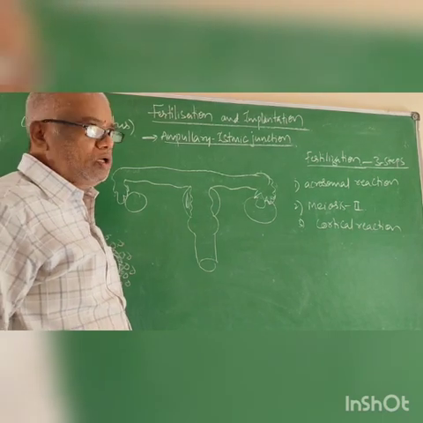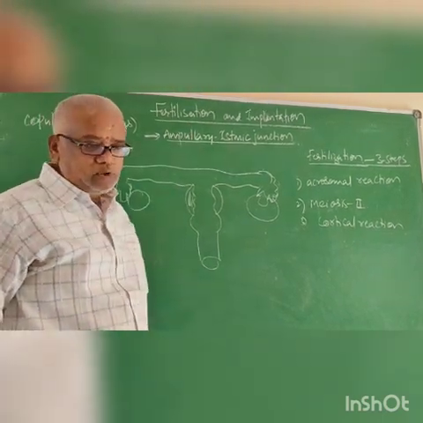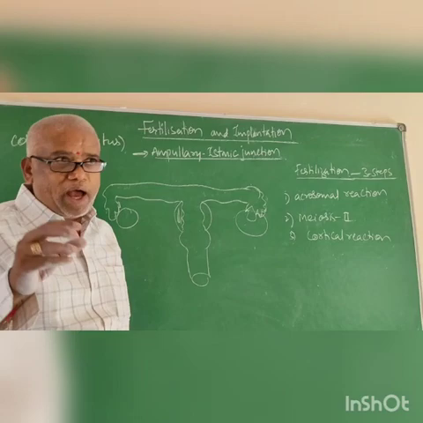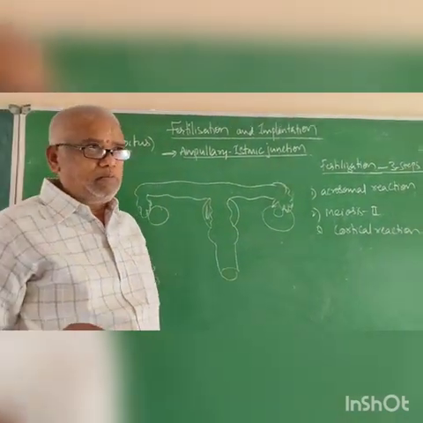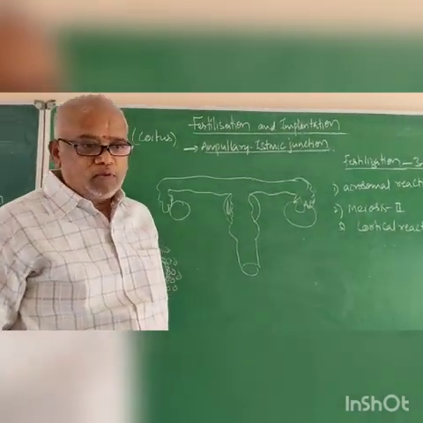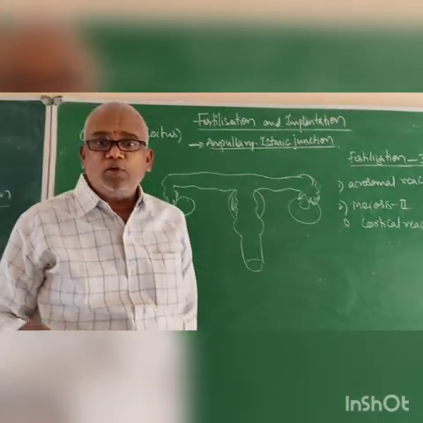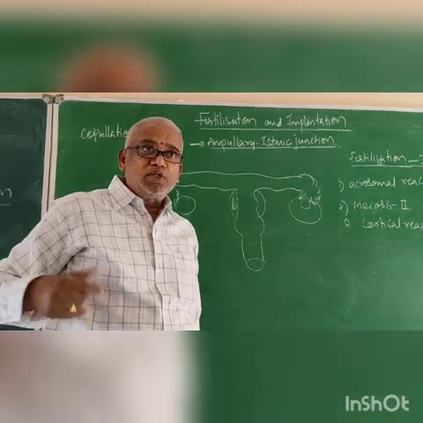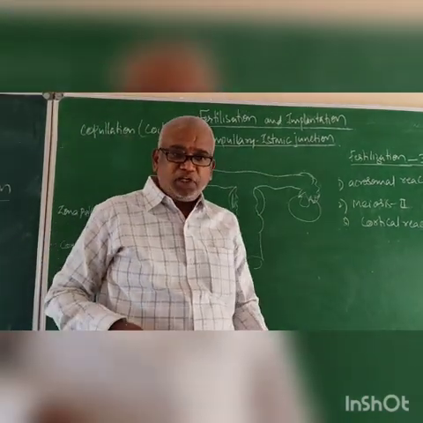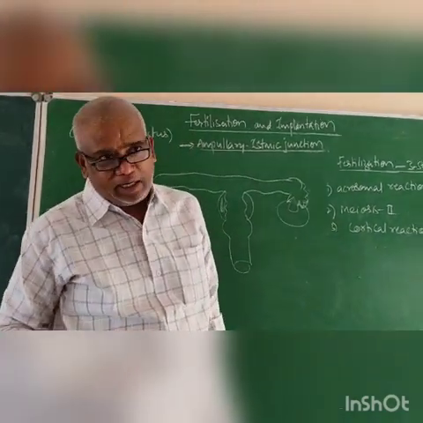Just listen. According to second year, you have some knowledge from the animal kingdom. Fertilization is of two types based on location. If it takes place outside the body, it is external. If it occurs in the female body, it is internal.